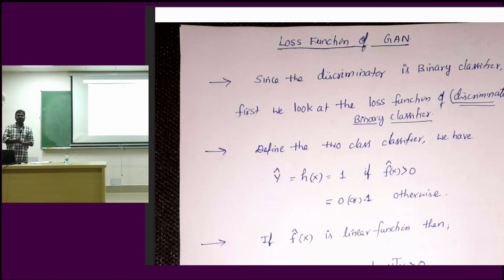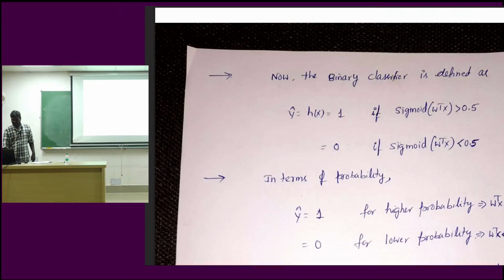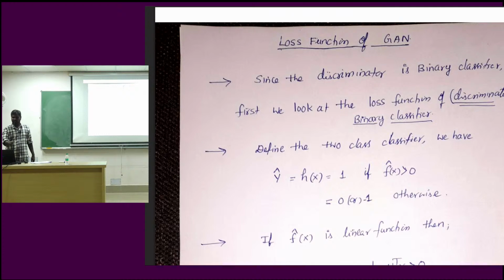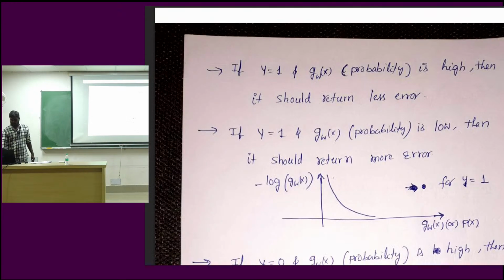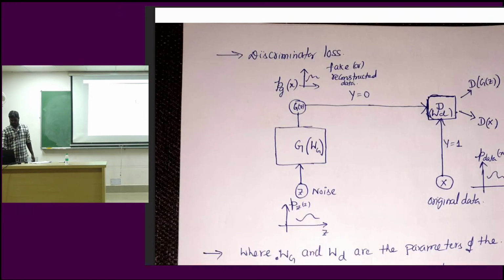Now the loss function for the GANs. I don't know how many of you like math, but we are getting into the math. As I said, the discriminator is a binary classifier. So we know how to get the loss function for the discriminator.